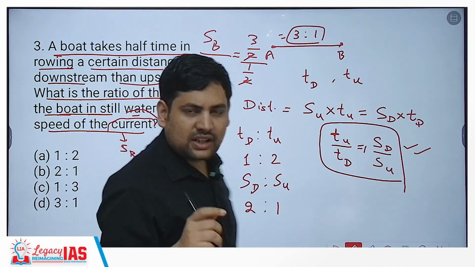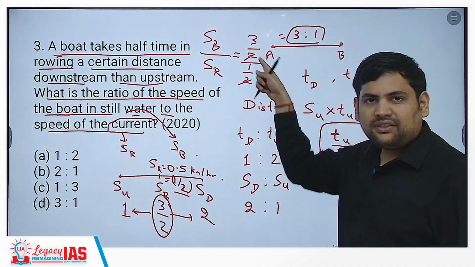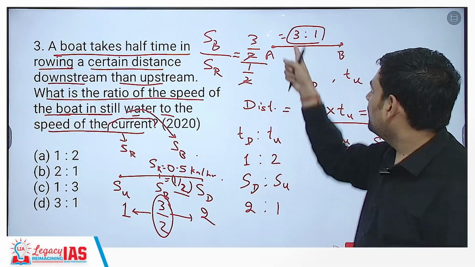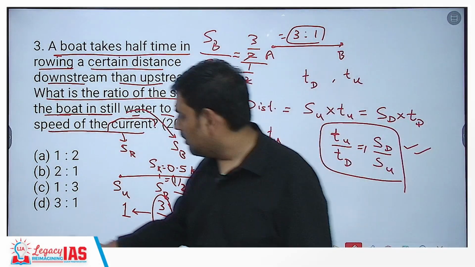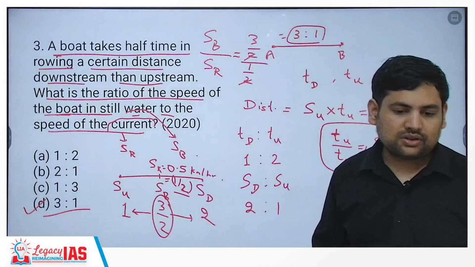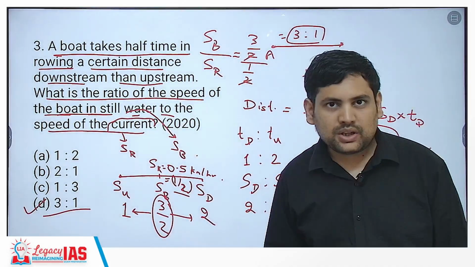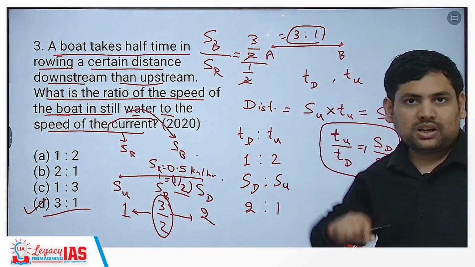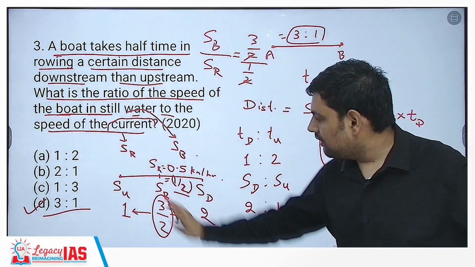Anyway, you understand that 1.5 is 3 times 0.5. Correct? 0.5 into 3 is 1.5. So ratio came out to be 3:1. Answer becomes this, 3:1. Understood? Simple. What you have to do, only remember this diagram and what speed upstream and downstream mean. Right in the middle will be speed of the boat.